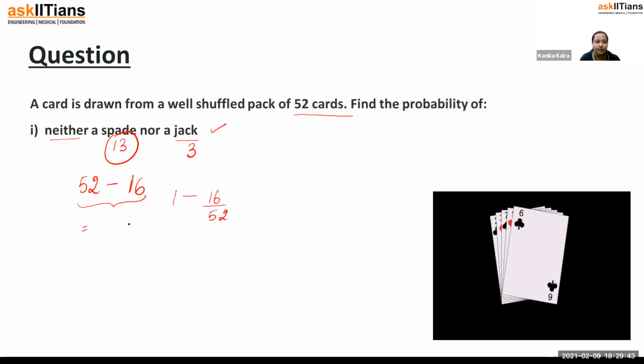So 12 minus 6 would be 6, and then 4 minus 1 would be 3. 36 over 52, that would be equal to, let's cancel it out by 2. So this would be 18, and this would be 26. This would be 9, and this would be 13. So answer comes out to be 9 over 13.